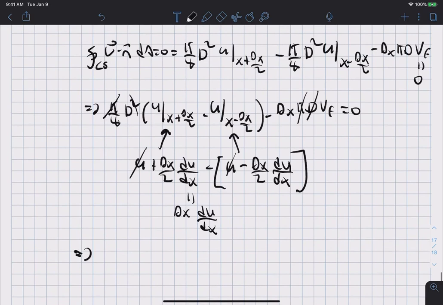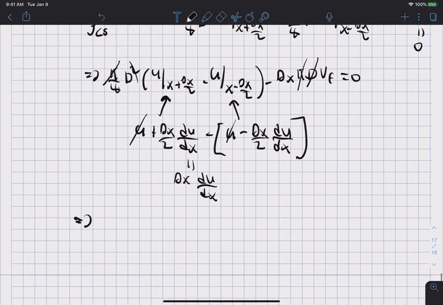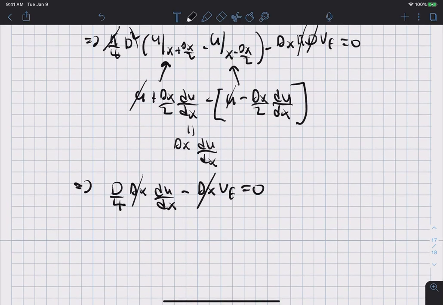So, substituting that in, we have d over 4 times delta x du dx minus delta x vf is equal to 0. Well, there's a delta x on both sides. And we can rearrange this into du dx equals 4 vf over the pipe diameter.